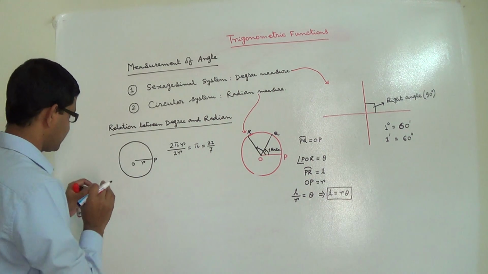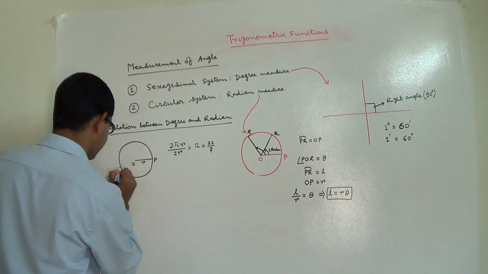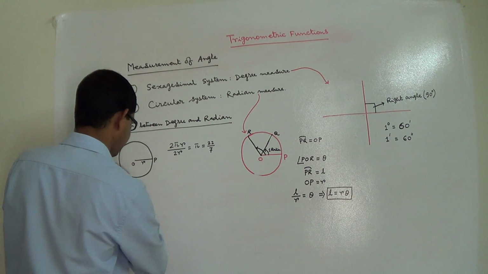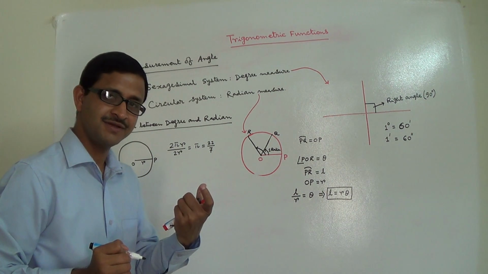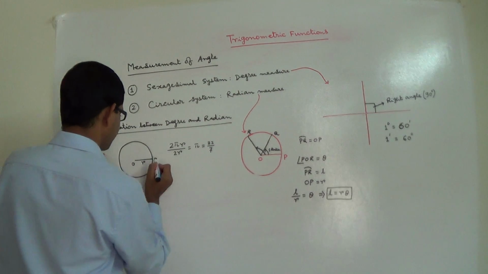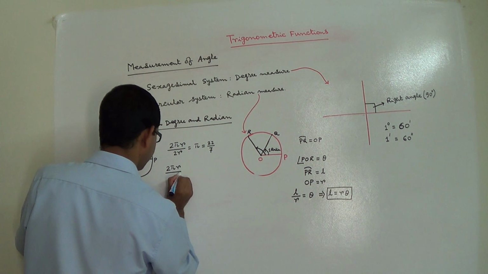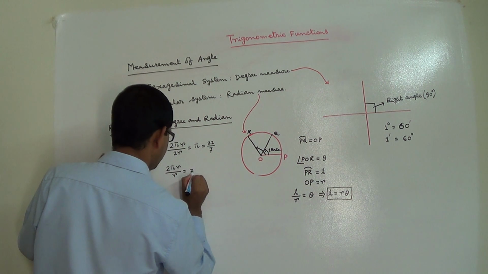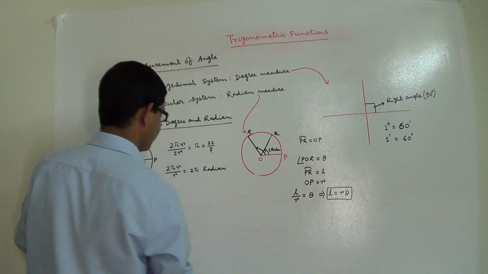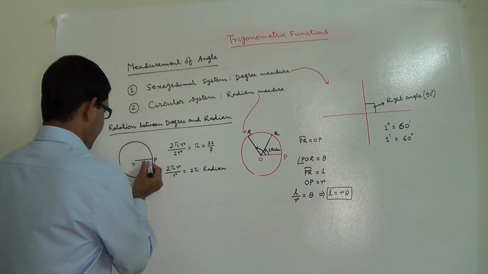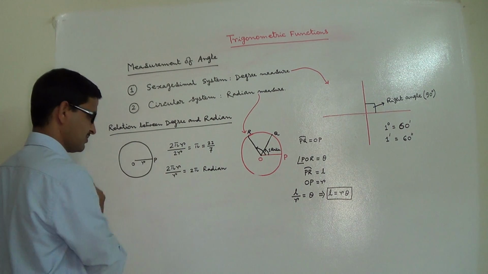Now suppose the point P moves along the circumference of the circle and comes to the point P again, then we see how much radian angle has been formed. It has formed a radian angle of 2 pi r, that circumference, divided by radius, that is equal to 2 pi radian. And 2 pi radian means the entire rotation.